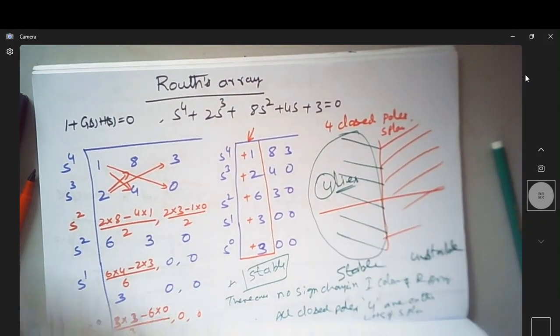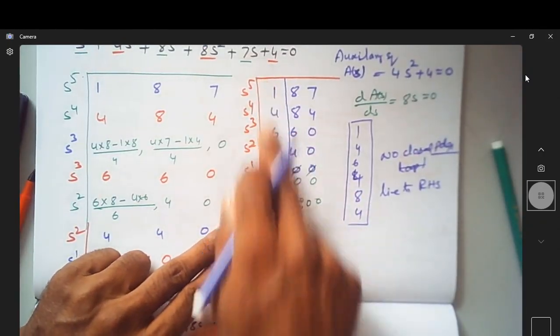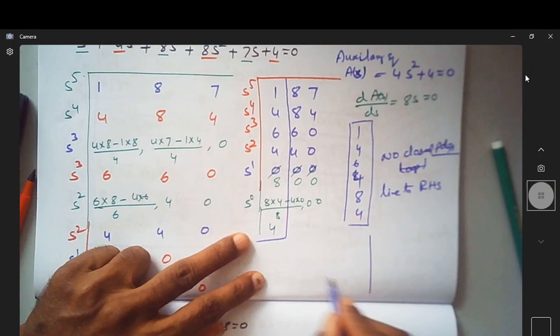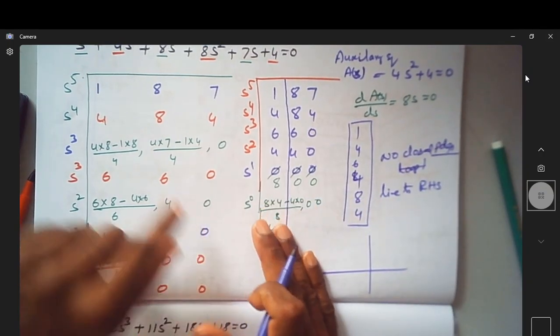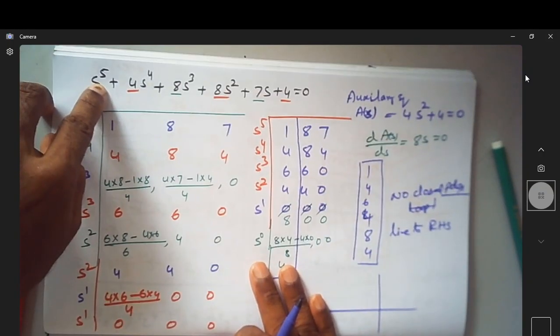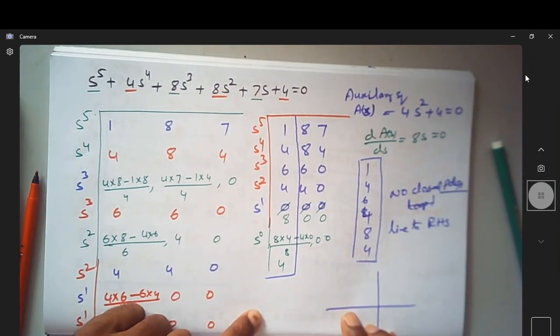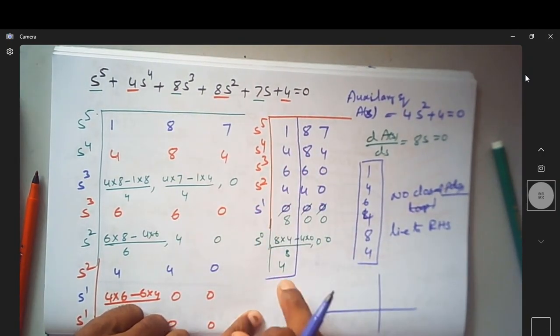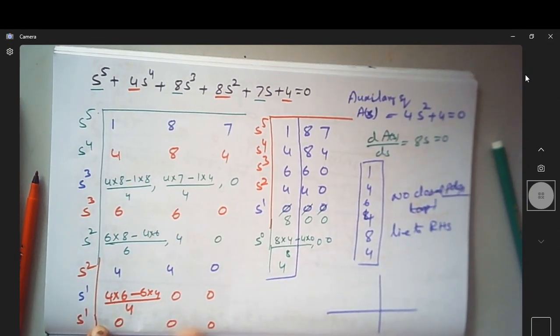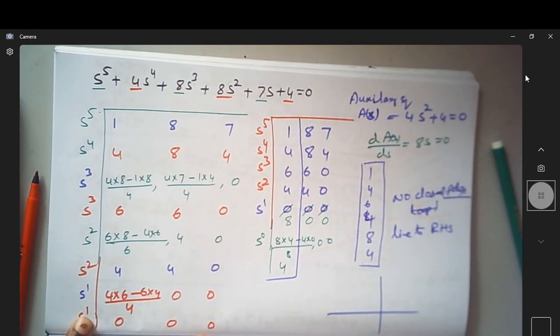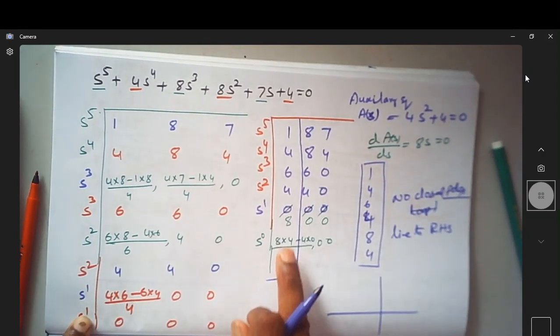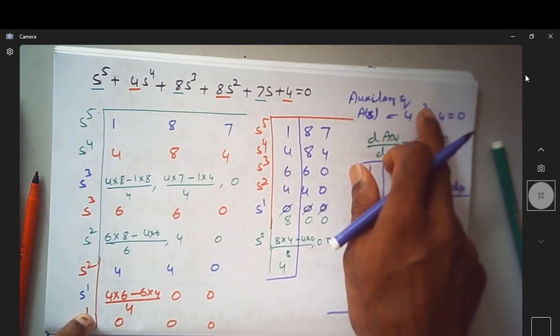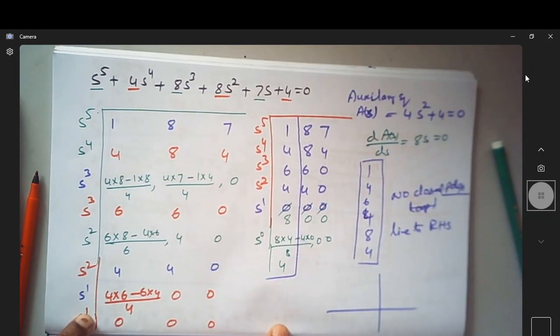Now here I cannot say that all of them are lying to the left hand side of the S-plane, which is 5 in number. Why I can't say is because I have completed this Routh's array by doing one small change. So there was a 0 0 0 came, I just completed this after taking the auxiliary equation derivative and then proceeded.